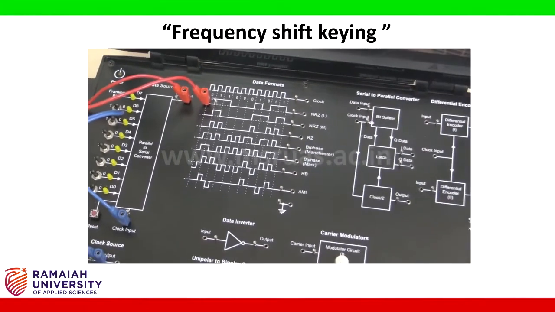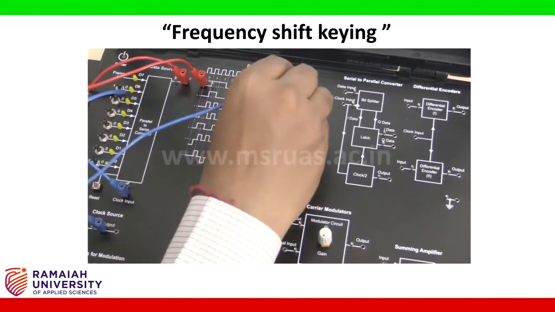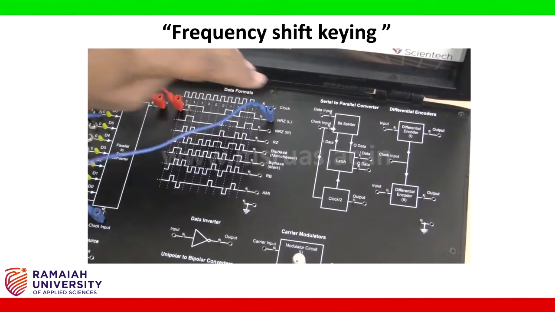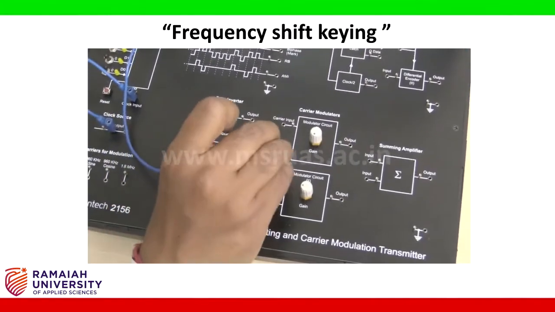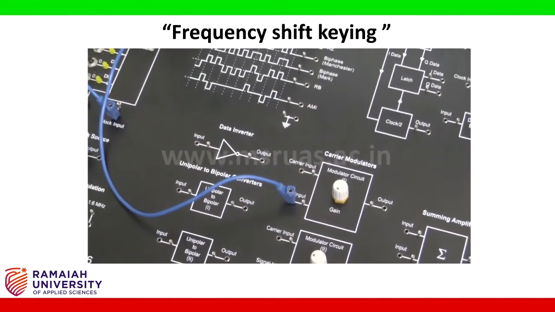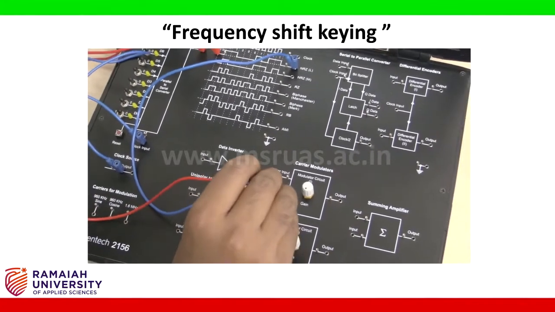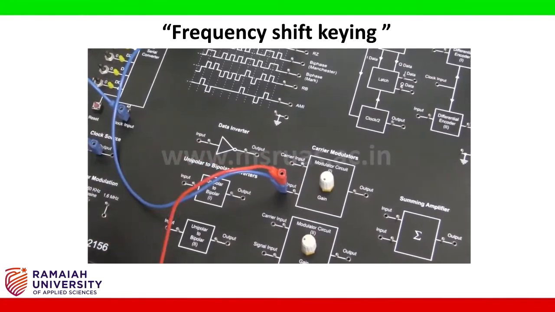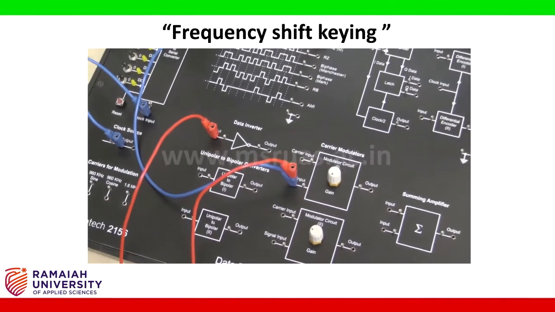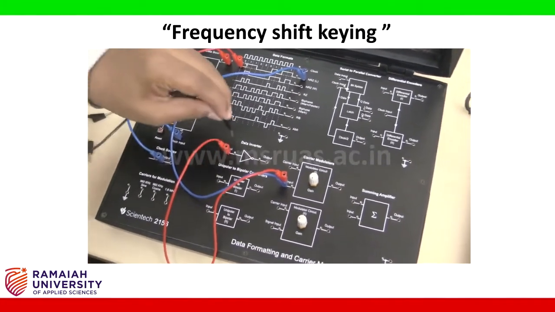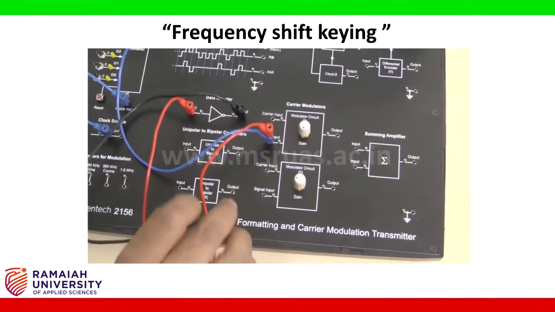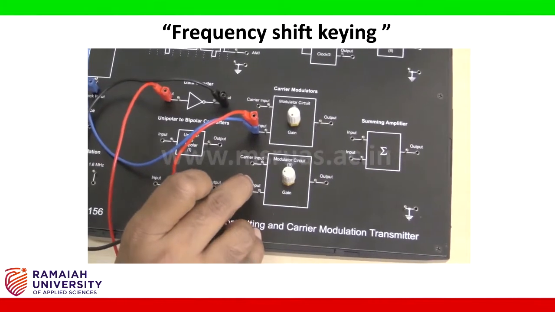Then connect NRZ low to the signal input, then connect the signal input to the data inverter input, then output of the data inverter is connected to the signal input of the modulator circuit 2.